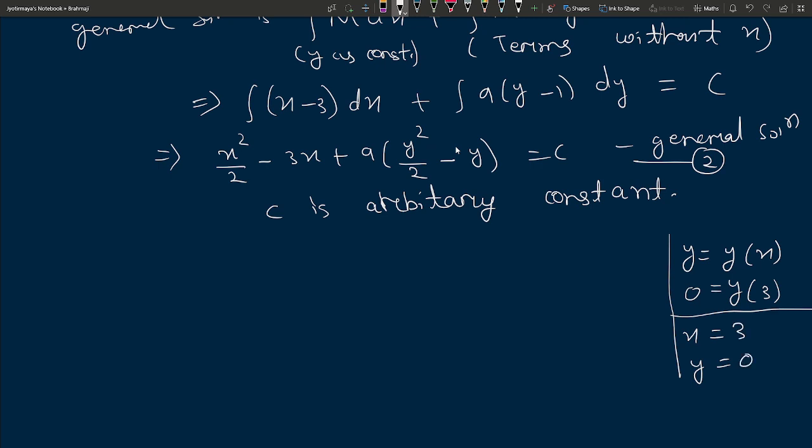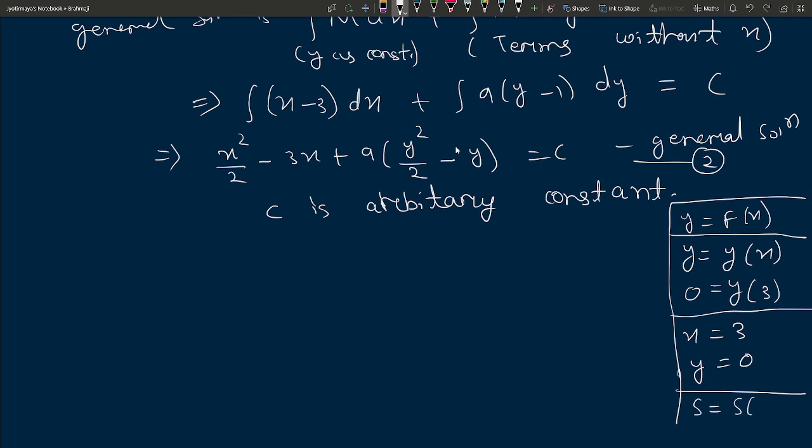As your y is equal to f of x, you have learned from your intermediate 12th class. Similarly here in differential equation, y is a function of x.